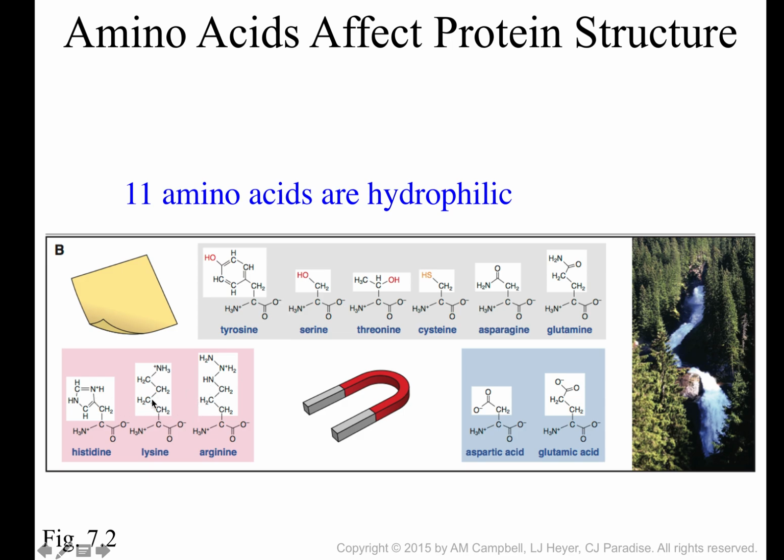These have a positive charge on the outside of them. These have a negative charge on the outside of them. Positive charged amino acids and negative charged amino acids tend to stick together in a protein. So if you have amino acid number 3, that's an arginine, and you have amino acid 222, that's a glutamic acid, they will tend to bend the protein together so that those two side groups can interact.